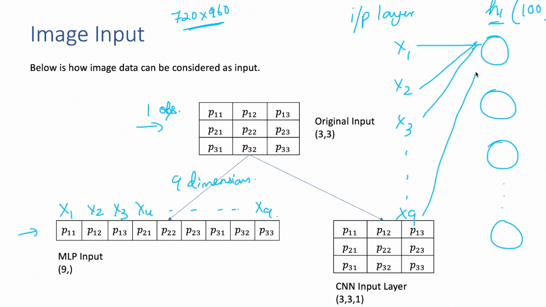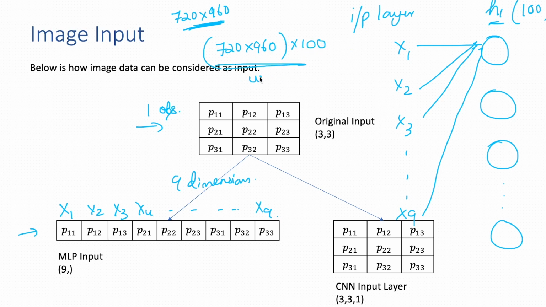Of course, there will be some weights associated with every connection here. In the case of 720 by 960 images, you have 720 multiplied by 960 inputs within your input layer, and then you multiply this with 100.